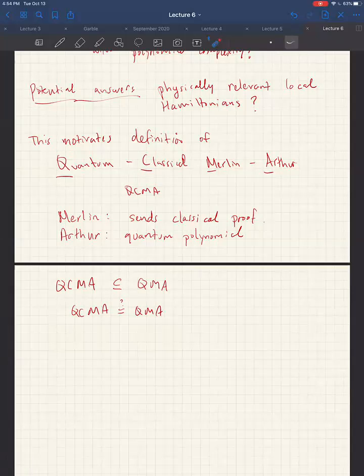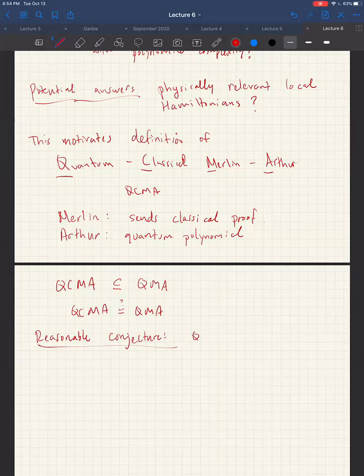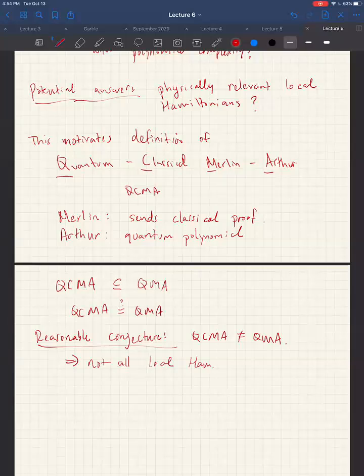And then a reasonable conjecture, well, reasonable to some people, is that they're different. That actually, the ability for Merlin to send you a quantum state to convince you of something is a powerful ability. So this would imply that not all local Hamiltonians have polynomial complexity ground states.